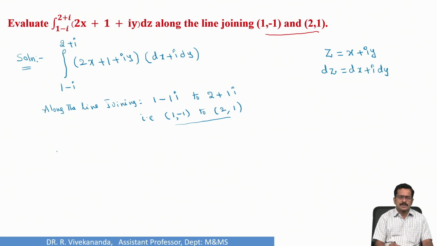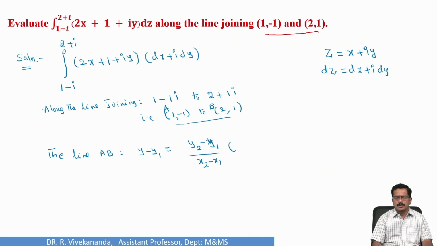So along this line, first let us try to evaluate the line equation. If I take this as the point A and this as the point B, then the line AB, by the two-point formula, is y minus y1 equals (y2 minus y1) by (x2 minus x1) into (x minus x1).